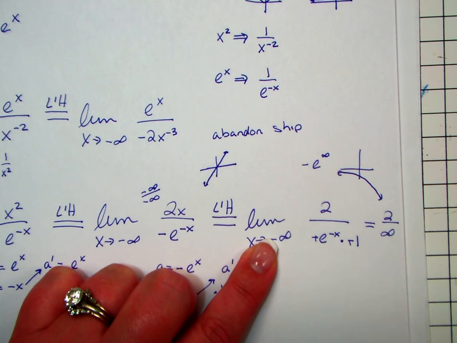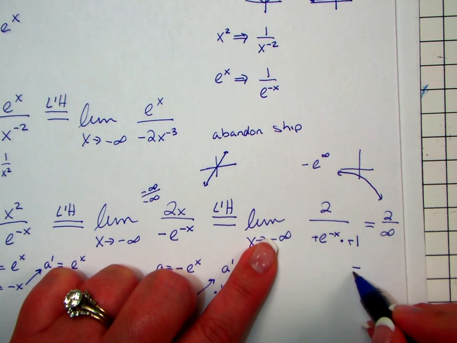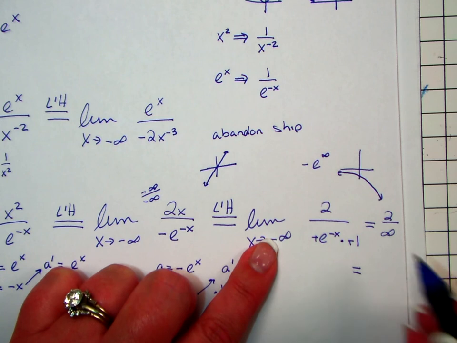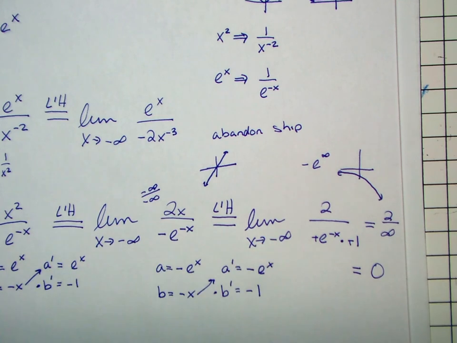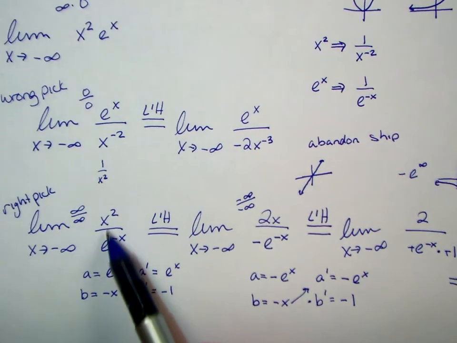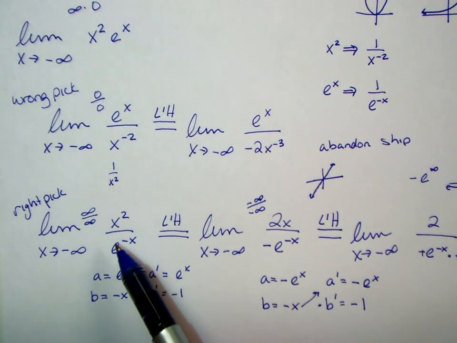So I'm going to get 2 over infinity, which is determinate. If the top function heads to a constant and the bottom function heads to infinity, the answer is 0.